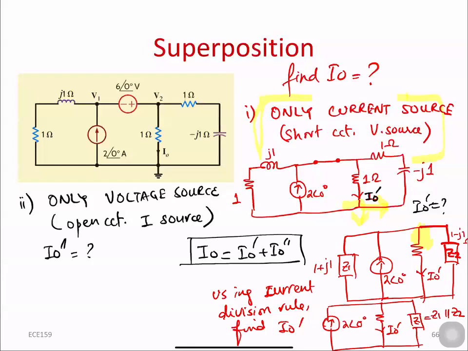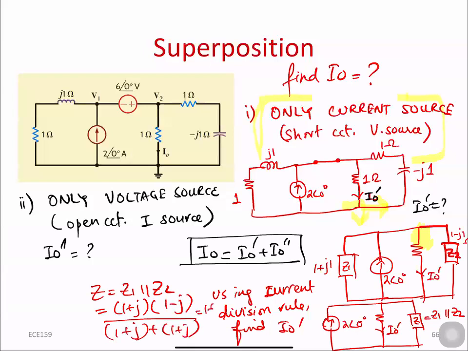Since Z equals Z1 parallel to Z2, you can also write that as 1 plus J times 1 minus J divided by 1 plus J plus 1 minus J. So we can simply solve this one, and this is going to be 1 ohm. So I naught prime, when we divide this one, is going to be 1 angle 0 amperes.